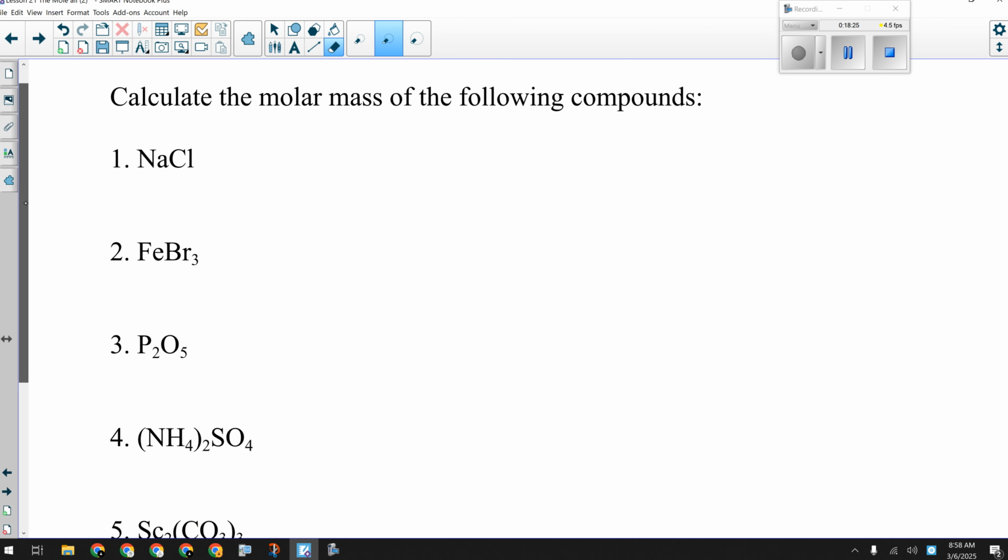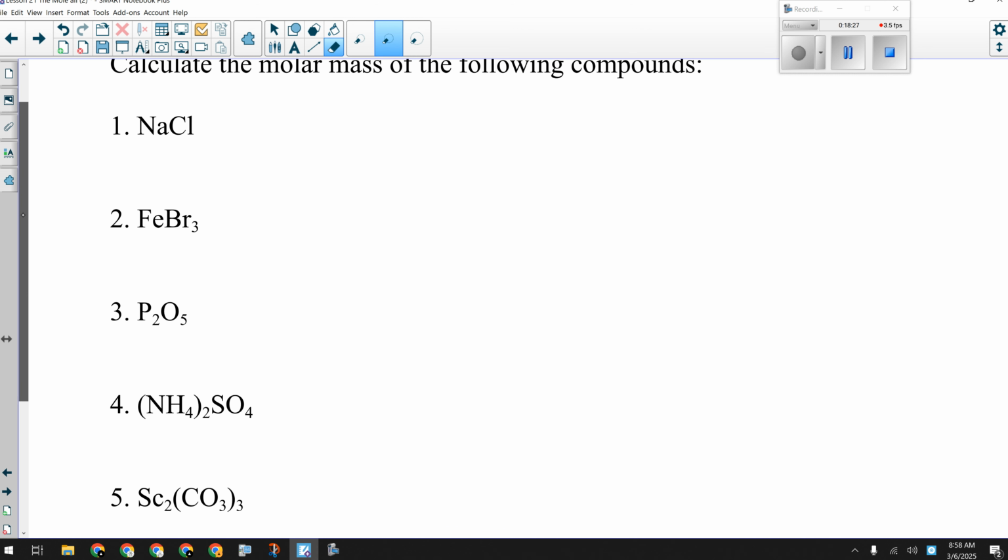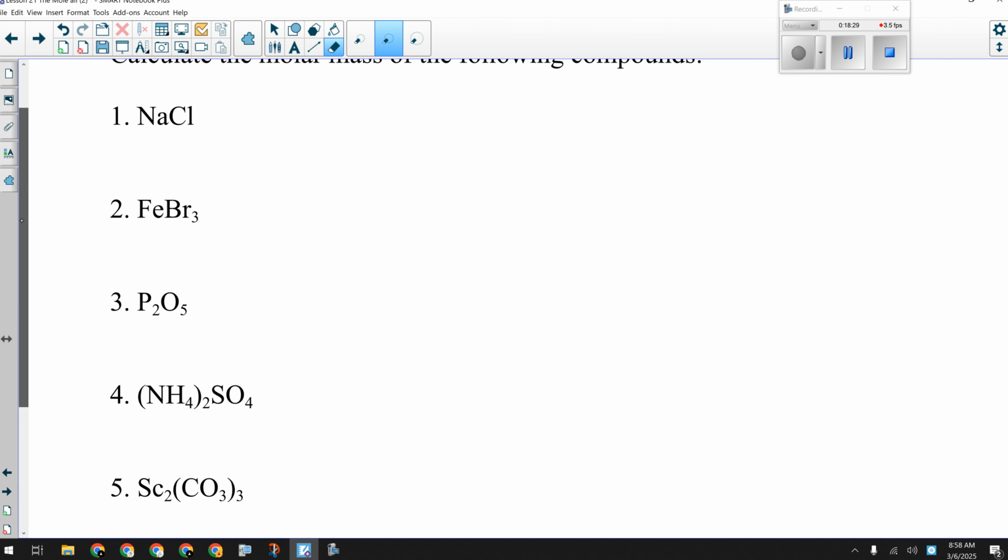Calculate for me the molar masses of those 5 compounds there. Our first one here is sodium chloride. How many sodiums in here? Just one, so we're going to go 22.99. Then we add to that 1 chlorine, 35.45.